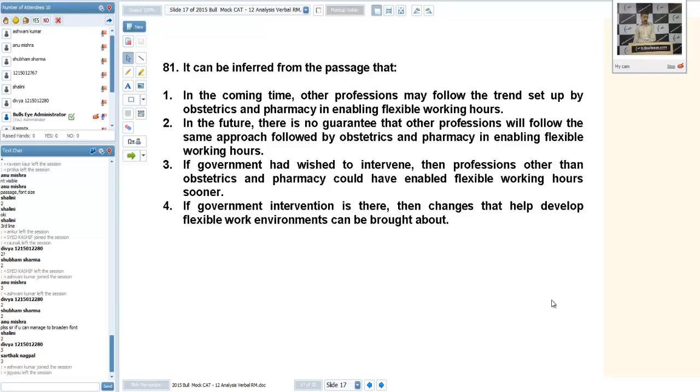So third can be inferred on the basis of the last few lines. Inference is something which is not directly stated, and it should not even be a restatement; it should be based on a few lines. If you ask me on which particular lines we drew this conclusion, it is the last few lines.